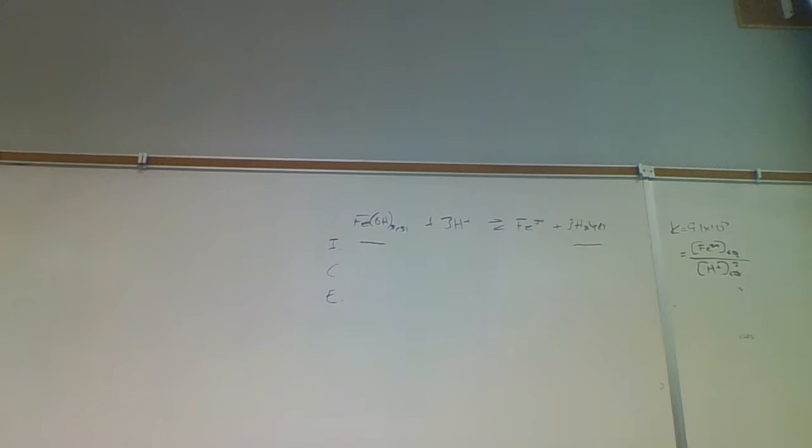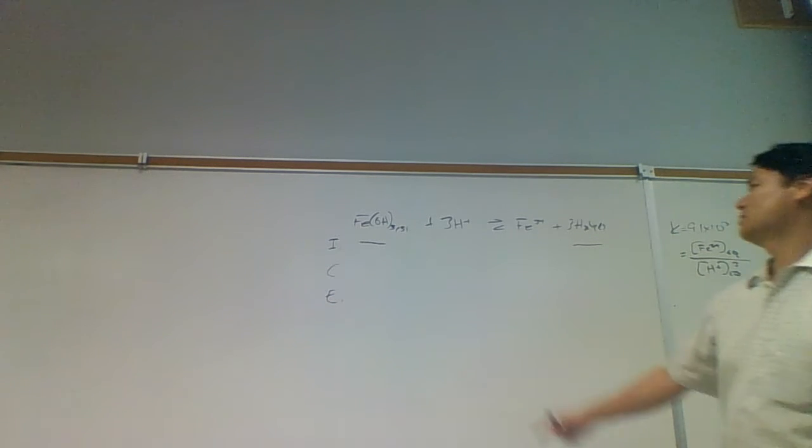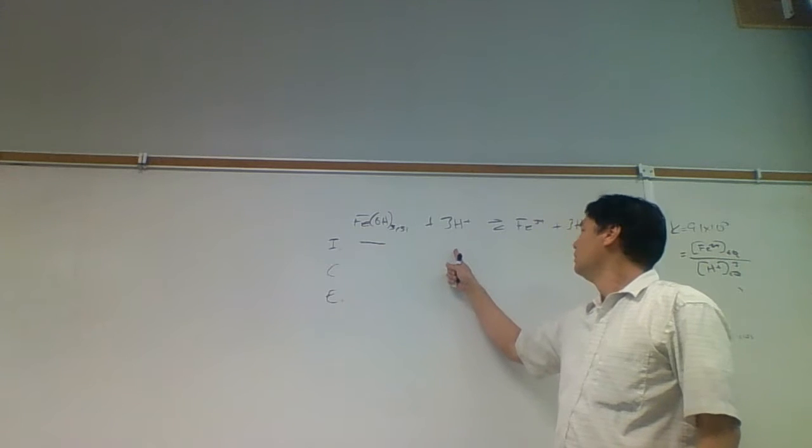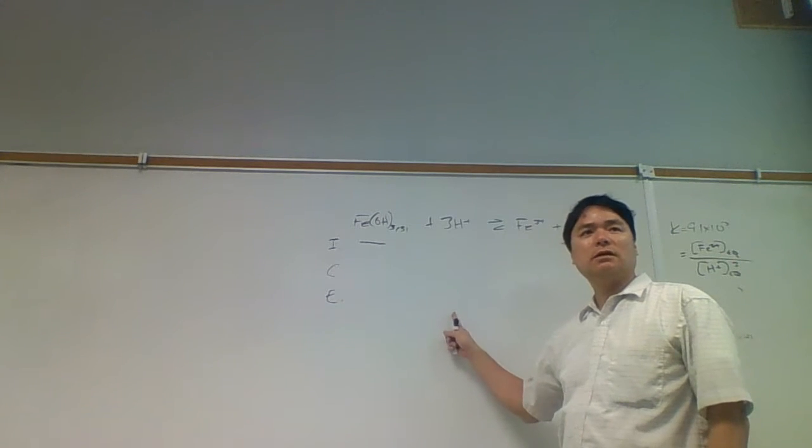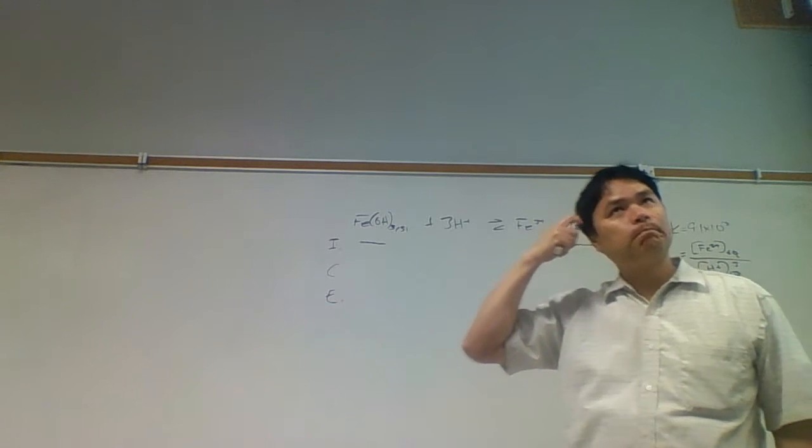Okay, now we'll figure it out based on the information that's given. They want us to compute the equilibrium concentration of iron 3 plus at pH 7. At pH 7, H plus is 1.0 times 10 to the minus 7. Now, is this H plus initial, or is this H plus at equilibrium? Does that H plus go here as the initial, or does it go down here as the equilibrium?